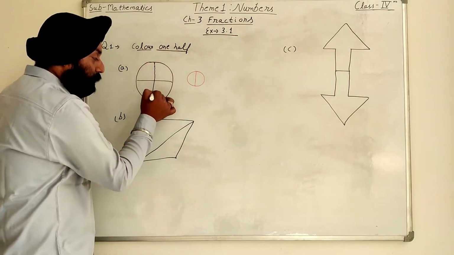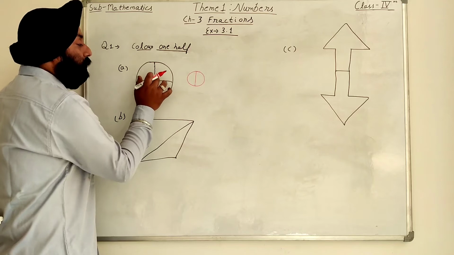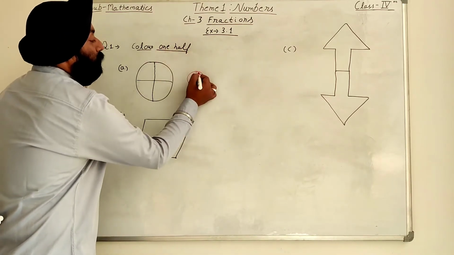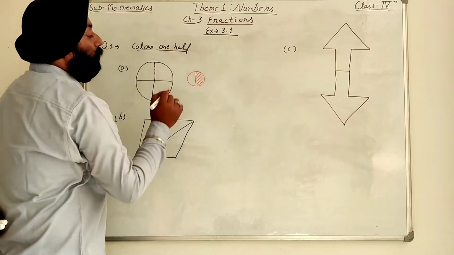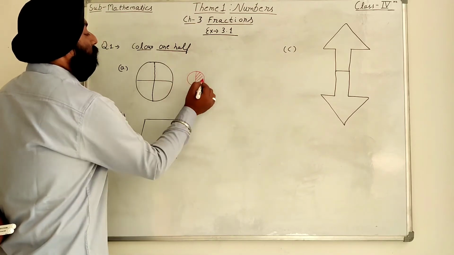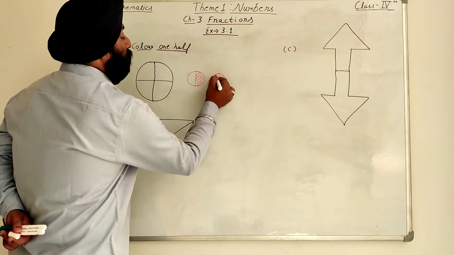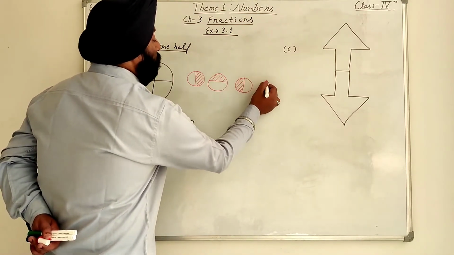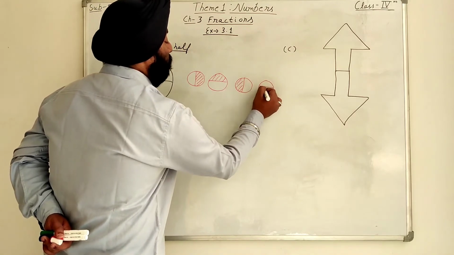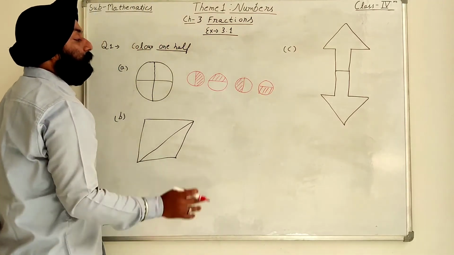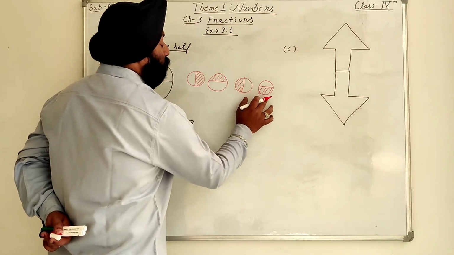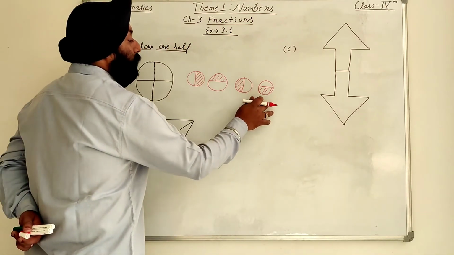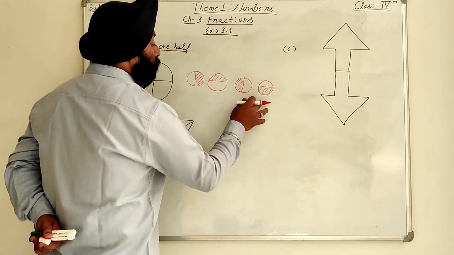They divided the circle into 4 parts, but we have to color the 1/2. The 1/2 is this or this or this, or we can say this. All the 4 ways are correct. We can do it in any of the 4 ways.